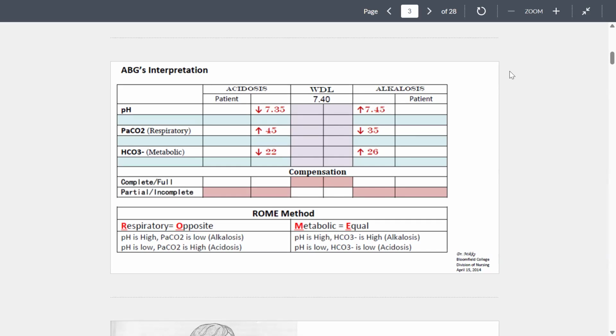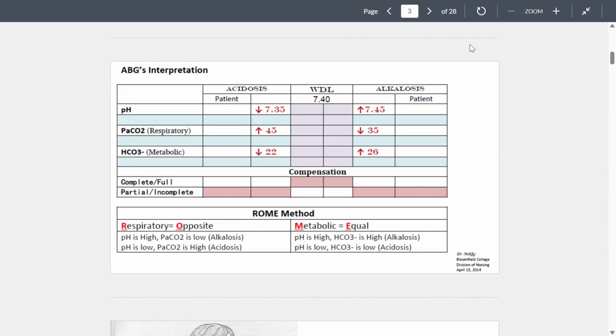So full compensation, pH will be within range. Incomplete compensation, the non-matching component will be out of range. No compensation, pH out of range, non-matching component within range. I think if you list these: compensation, pH within range; partial or incomplete compensation, the non-matching component out of range; and no compensation or absence of compensation, the non-matching component is within range.